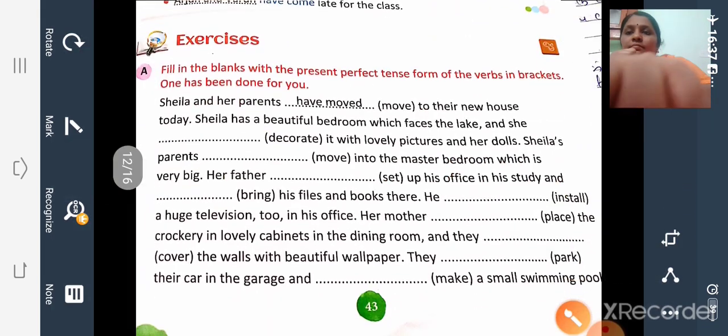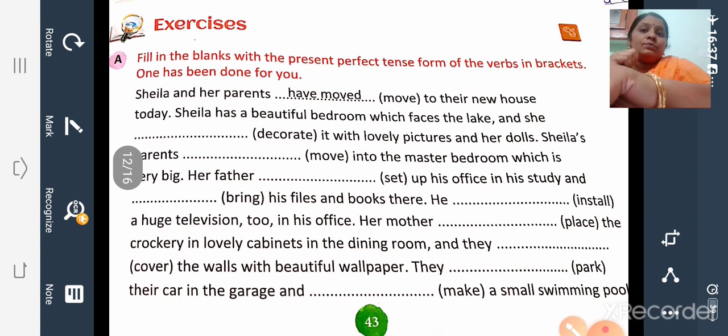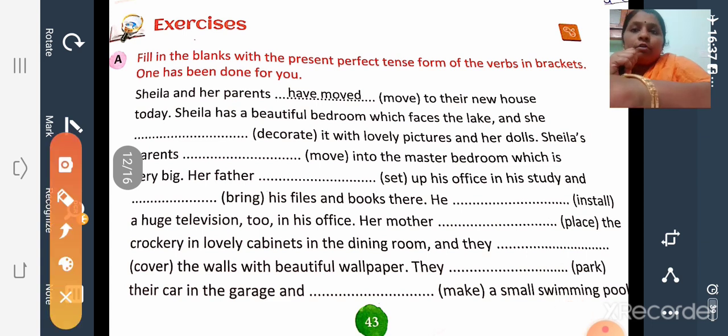Then an exercise. So we have to use has or have plus v3 present perfect tense. Singular ആണെങ്കിൽ has, plural ആണെങ്കിൽ have. Okay, then ഷീല ആൻഡ് ഹർ പാരൻസ് എന്ന് പറയുമ്പോൾ പ്ലൂറൽ ഫോം ആണ്. സോ ഹാവ് മൂവ്ഡ് ബ്രാക്കറ്റിൽ തന്നിട്ടുള്ള വേർബിൻ്റെ v3 ആക്കണം, പാസ്റ്റ് പാർട്ടിസിപ്പിൾ ഫോം ആക്കണം. ഷീല ഹാസ് എ ബ്യൂട്ടിഫുൾ ബെഡ്റൂം വിച്ച് ഫേസസ് ദ ലേക്ക് ആൻഡ് ഷീ വരുമ്പോൾ ഷീ ഹാസ് ഇതിൻ്റെ v3 ഡെക്കറേറ്റഡ് decorated it with lovely pictures and her dolls.